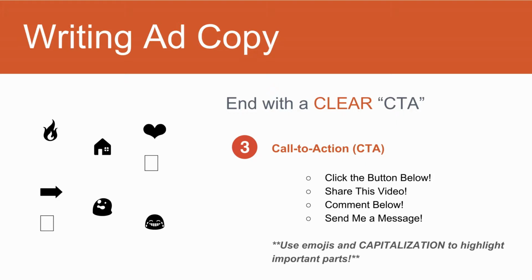There'll be a couple flames at the beginning of a sentence and the end, and that draws your eye to that sentence. So if you have that line where you say, you don't have to keep paying rent, there is another way, maybe you want to surround that with those, and that's going to draw their eye in. The other version of that you can do, and you might want to combine the two, is to use capitalization to highlight specific words. If you're going to write a long piece of copy, you want to make sure that you're highlighting the words in there that you want to stand out.